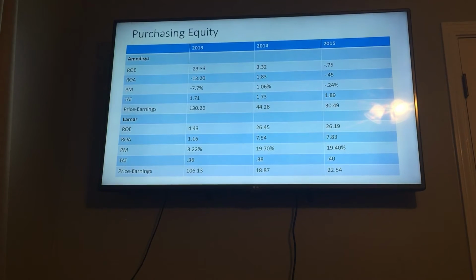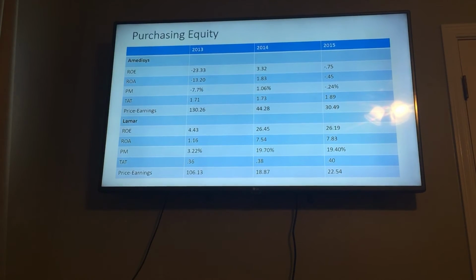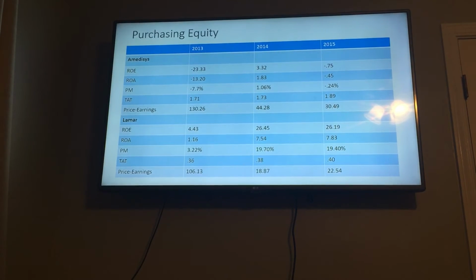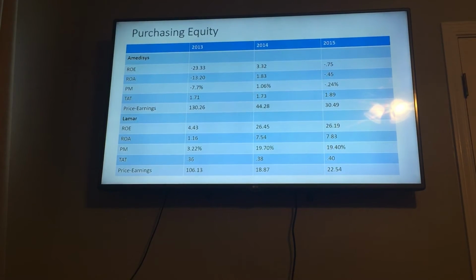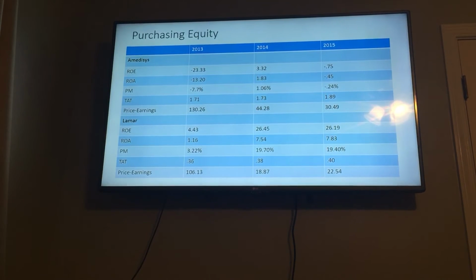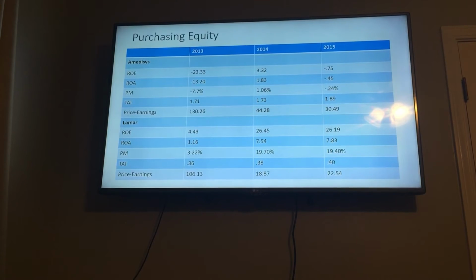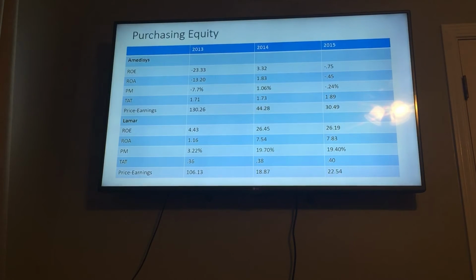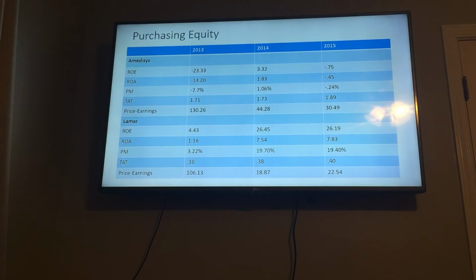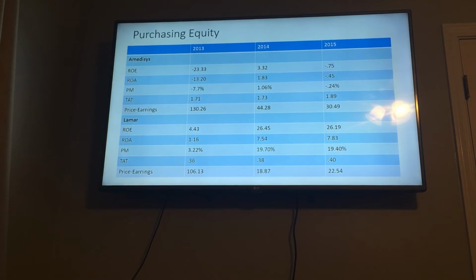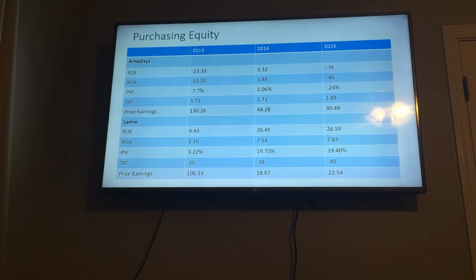And even though in 2015 it drops just very slightly to 26.19, that shows that they made a lot of profit and they're using a lot of the equity that's invested. They're using that to produce things, and they're using that in a positive way, and that's good if you're wanting to invest in a company. That's good to know that they're doing that.